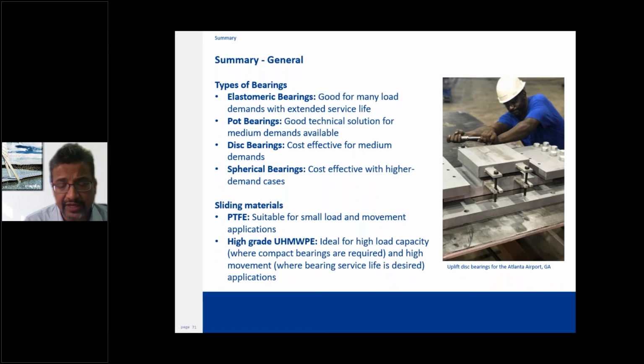There are two bearings on top and bottom of the needle beam, which would be difficult to replace if required if a spherical bearing is used, because a spherical bearing does not compress at all. There is no compressible element, whereas for a disc bearing and pot bearing, a little bit of compression is available, which is beneficial for this application.